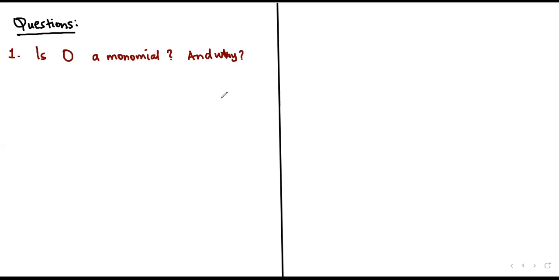But the variable must have a positive exponent, or it must have a 0 exponent, or in other words, it must have no negative exponent. So if we want to write, let's say, 0 as a product of a number and a variable, let's say we can write it as, let's say, 0x.